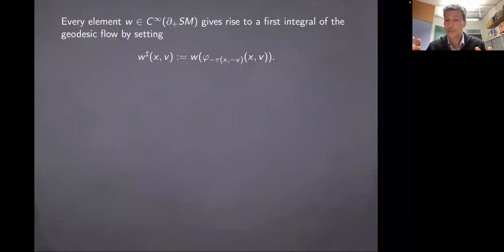And you just do the obvious thing. To define what this function is at a point xv in the unit tangent bundle, you simply run that point xv backwards until you hit the outflux boundary, and you let the function be the value that you have on the influx boundary.